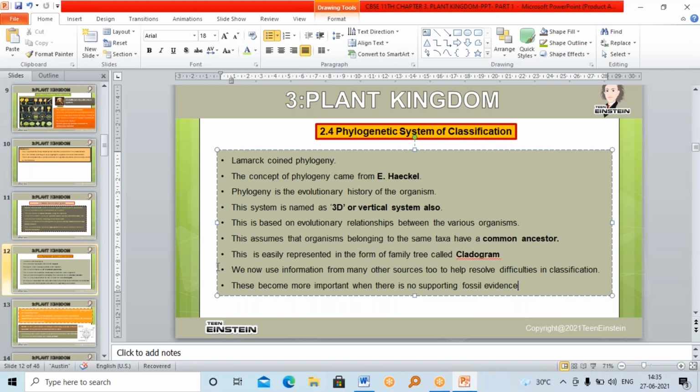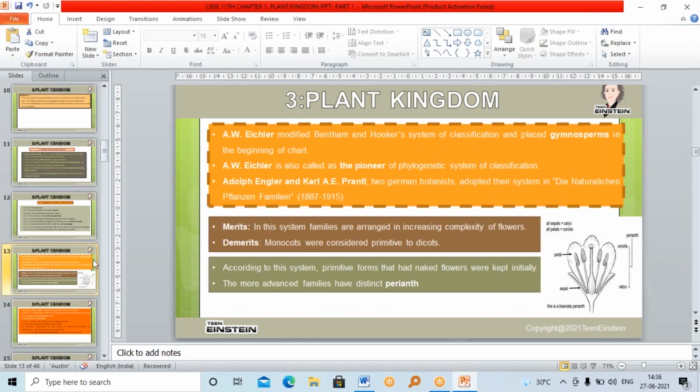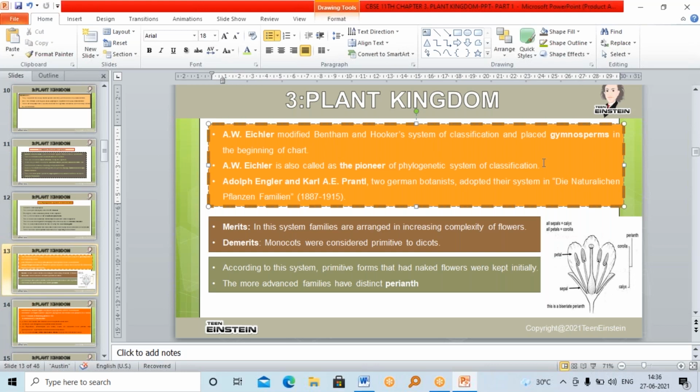And next is A.W. Eichler. He modified Bentham and Hooker's system of classification, and he placed gymnosperms at the beginning of the chart. Note down these single points, because you may get MCQs from this for NEET.